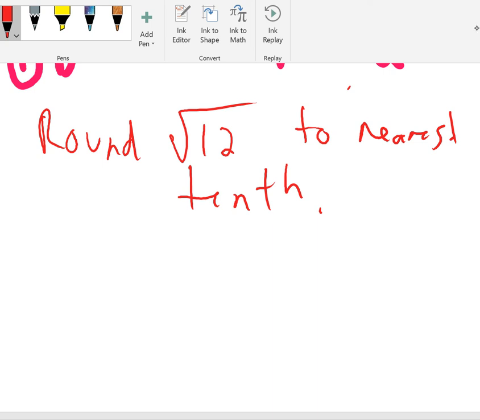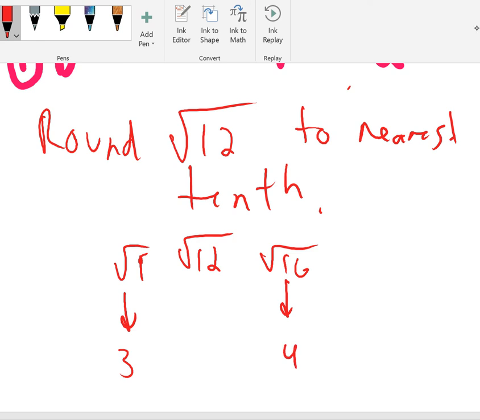So we've already said the square root of 12 is in between the square root of 9 and the square root of 16. The square root of 9 is 3. The square root of 16 is 4. If we have a number line going like this, here's 4, here's 3, down here is going to be 2, down there is going to be 5.